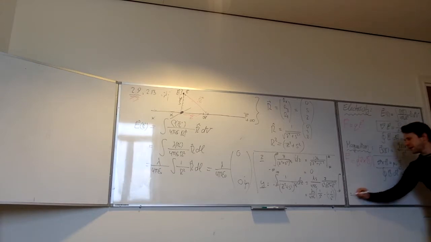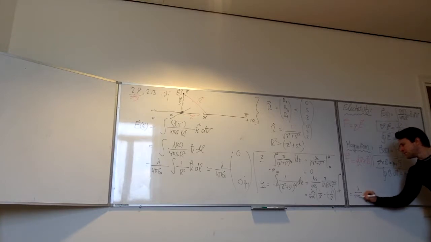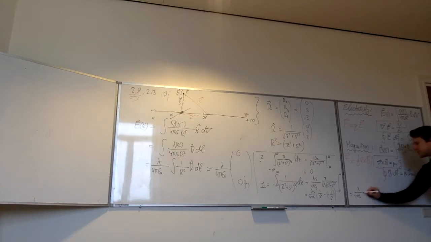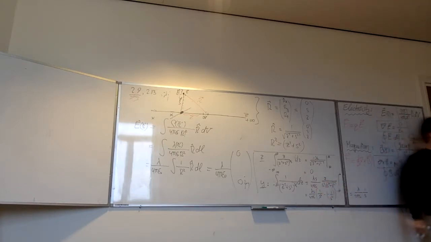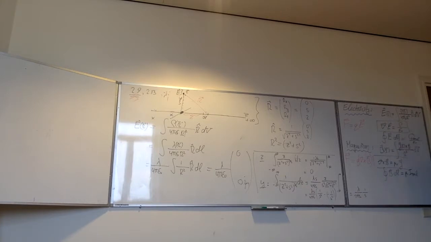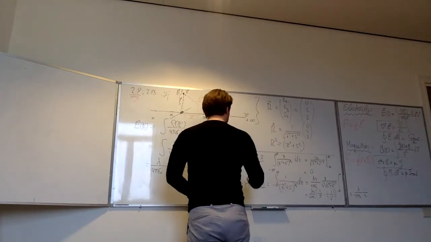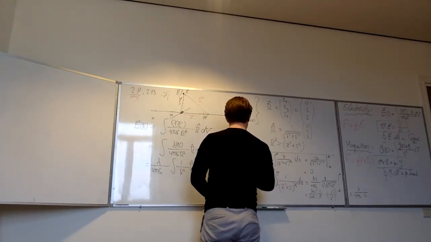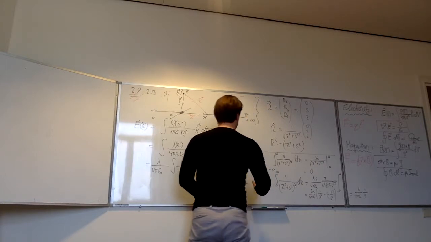And ultimately what we get is lambda over 2 pi epsilon 0, 1 over s squared, and s cancel each other out. So if I'm not mistaken, this is the answer: lambda over 2 pi epsilon 0 s.